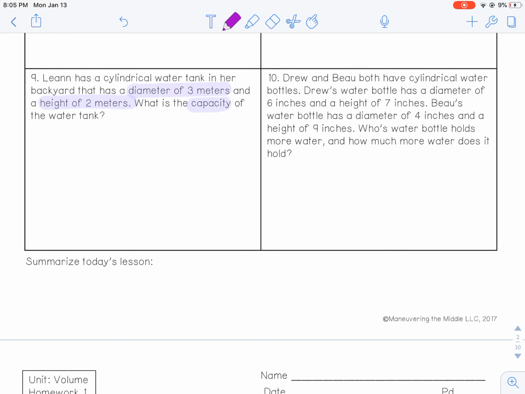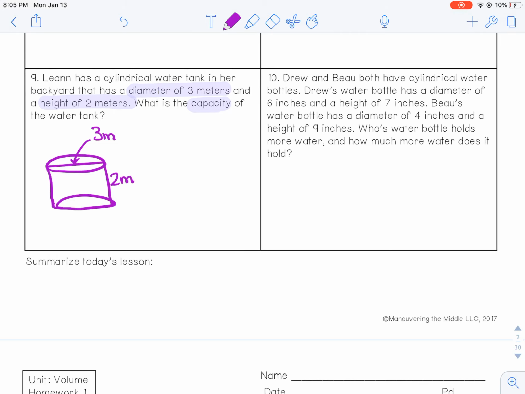First of all, Leanne has a cylindrical water tank, so I'm going to draw the water tank as best as I can because I like to be able to see it. Not very good drawing, but we'll pretend that it is. It has a diameter of 3 meters, so we know diameter goes the entire width of the circle, so that diameter is 3 meters and the height is 2 meters.